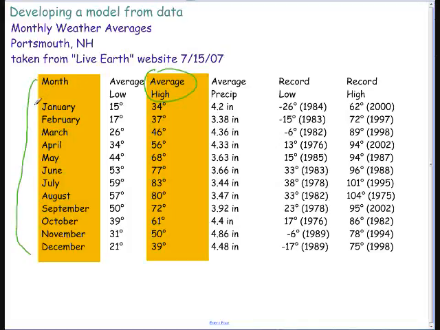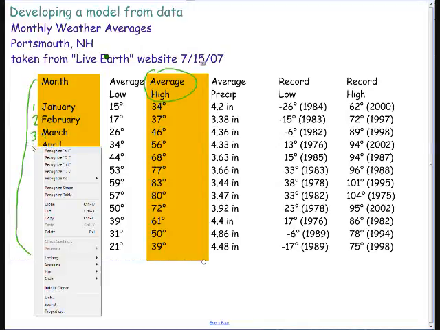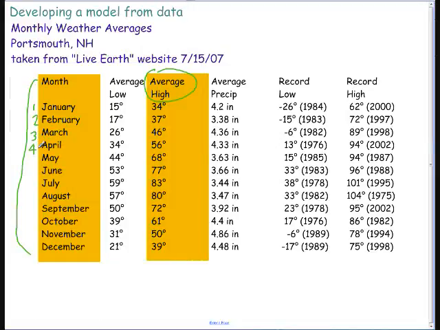And I'm going to consider these months to be 1, 2, 3, 4, and so forth from my calculator, because we're going to want to see whether or not we can fit a sinusoidal curve to this. I love using real data that belongs to us, and for most of us, Portsmouth is part of our lives, isn't it?